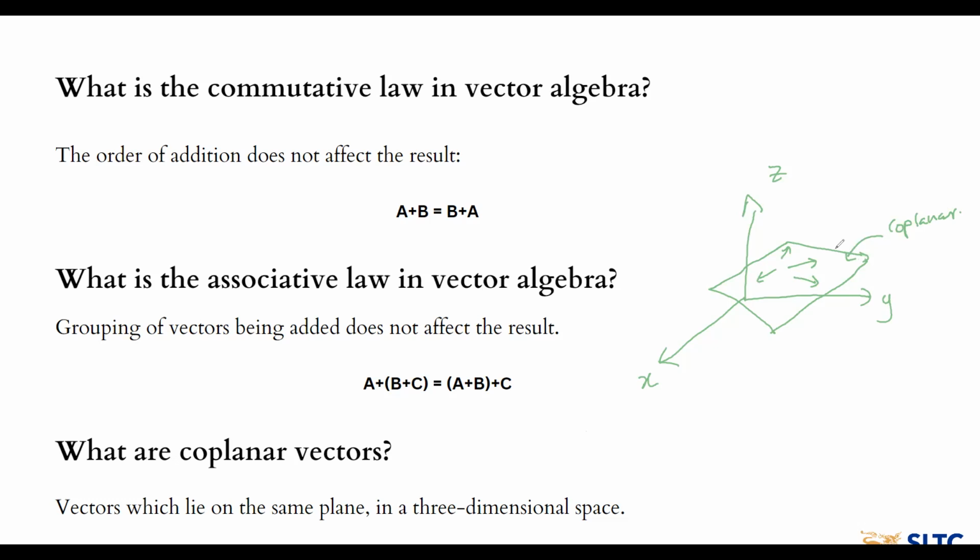In a three-dimensional space, once some vectors are lying on a certain plane, we call them coplanar vectors. Sometimes the vectors are only in that plane and are not related to the z axis, in this specific example.